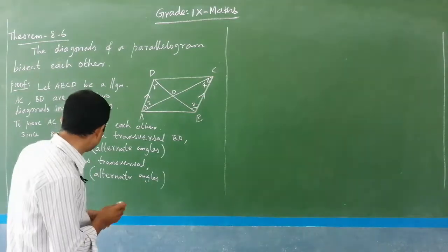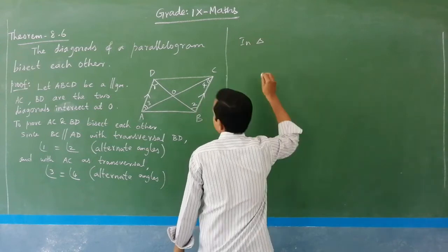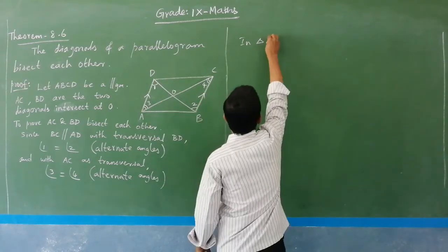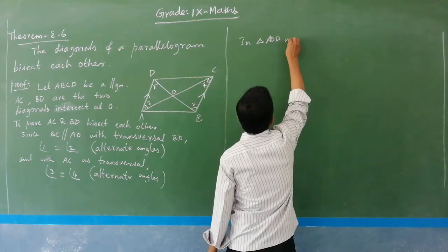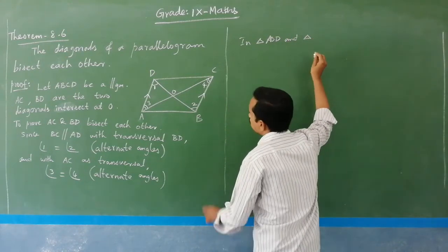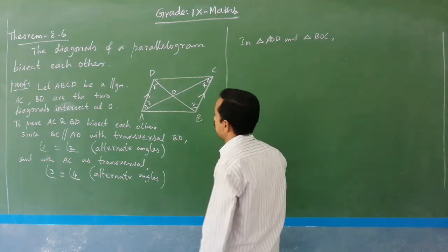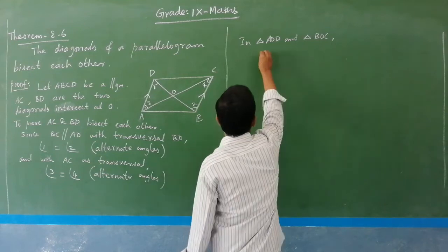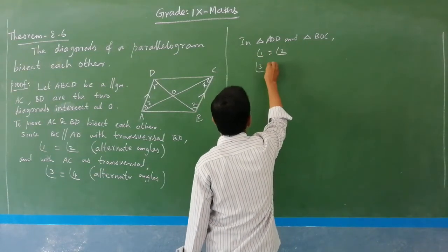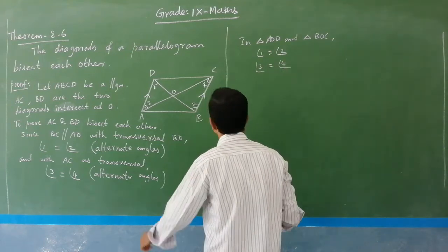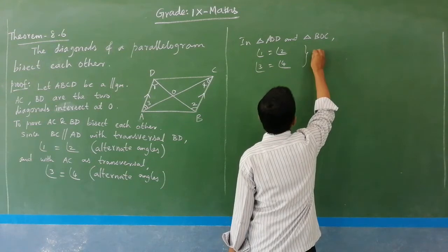Okay. So, I am taking the two triangles: in triangle AOD and triangle BOC, you see, we already have angle 1 equal to angle 2 and angle 3 equal to angle 4. These two are proved above.